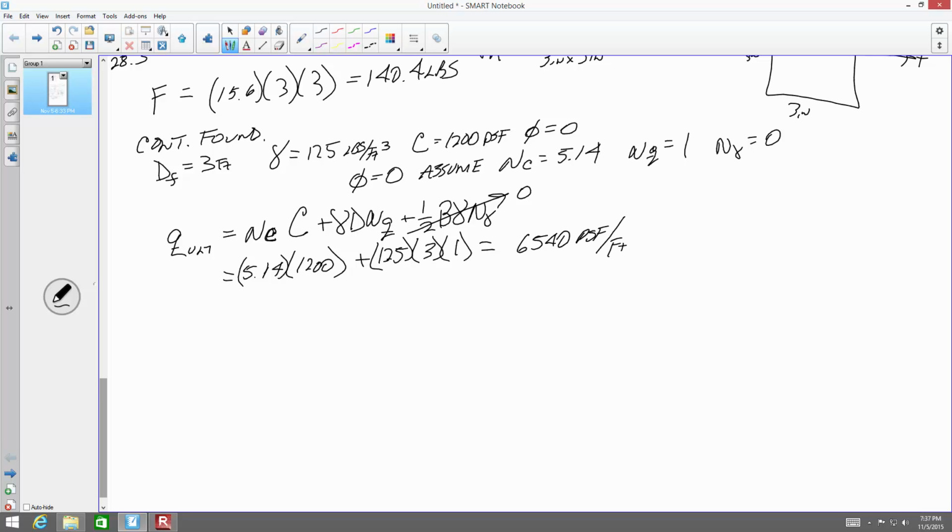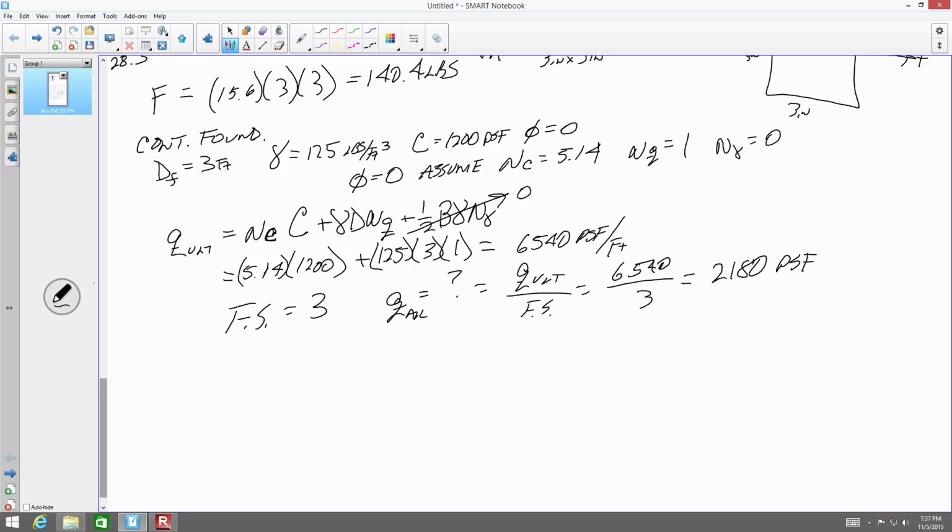And technically that's per foot into the board. Factor of safety is 3. Q allowable equals what? Simply the q ultimate divided by the factor of safety. 6540 over 3 gives you 2180 PSF.